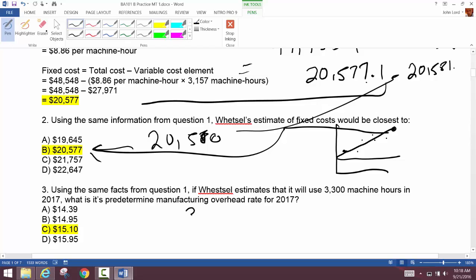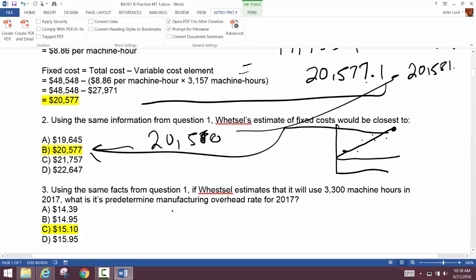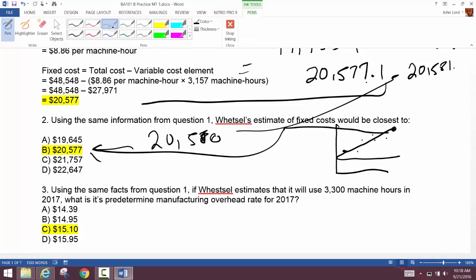So I need to take my formula here, which was my variable cost per machine hour, 8.86, times the 3,300 machine hours, plus the fixed cost of 20,577.